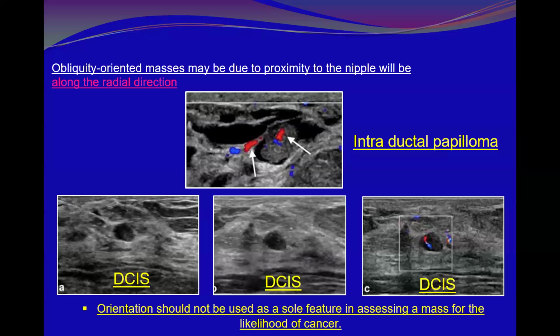But it is not always the case. If there are suspicious features, like in this case, which is not very typical benign, it is borderline, in the retroareolar region I'm not going to call it a parallel lesion.